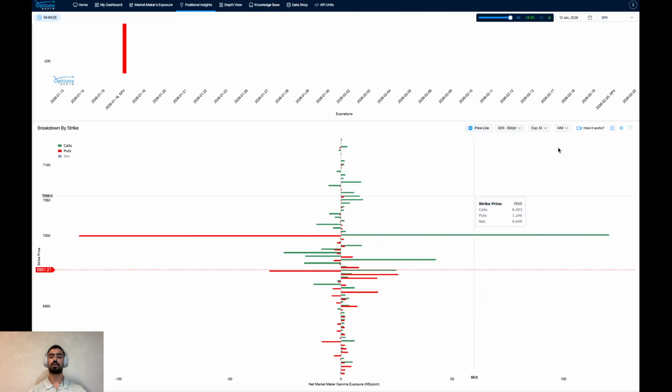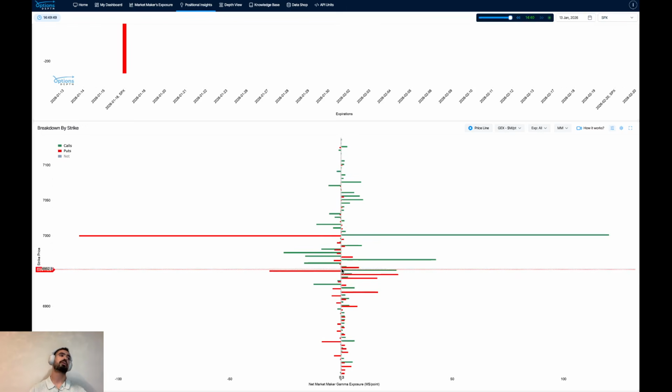Naturally speaking, when market makers are going to have positive gamma, they're going to be long options because we know long options cause positive gamma. When you're going to see short gamma, negative gamma, they're going to be short options. It's as simple as that. And you're going to notice stronger magnitude around the current spot price because we know gamma peaks around the current spot price.